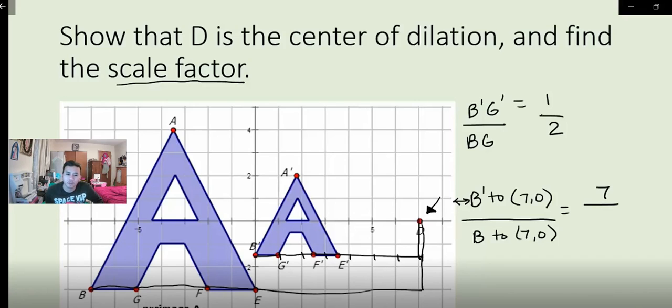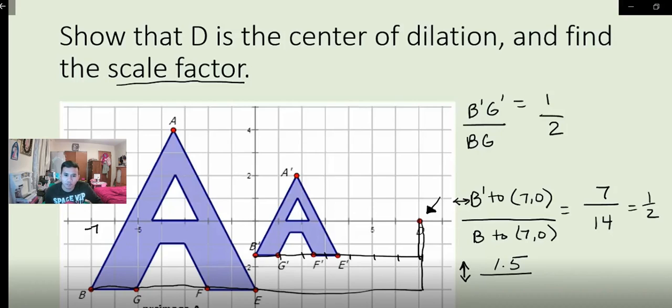That's 7, over 1, 2, 3, 4, 5, 6, so 14, which is 7 over 14, which is also 1/2. So our scale factor is 1/2, as seen, and of course our center of dilation is at D.